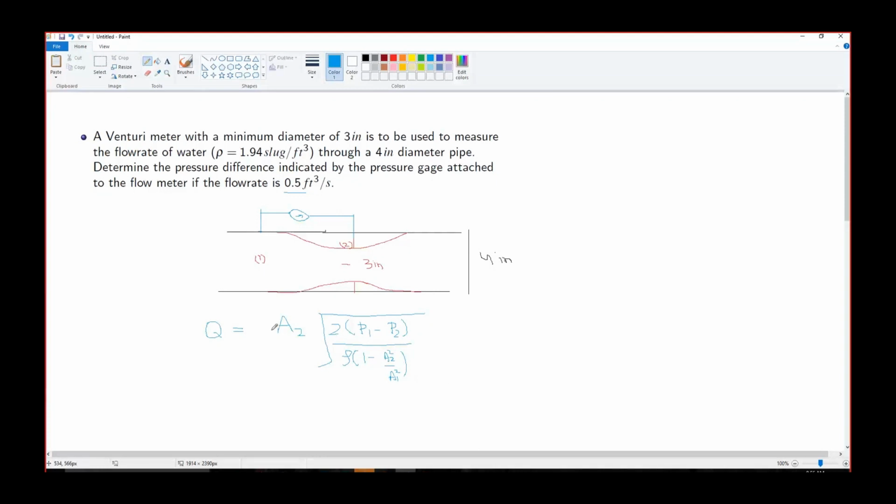So this is the flow rate. We know A2, we know rho, we know A1, we know Q. We just simply square it and rearrange it. We will get the value of P1 minus P2, which is equal to Q square divided by A2 square into rho by 2 into (1 minus A2 square by A1 square).